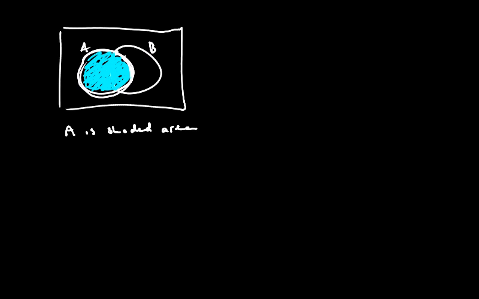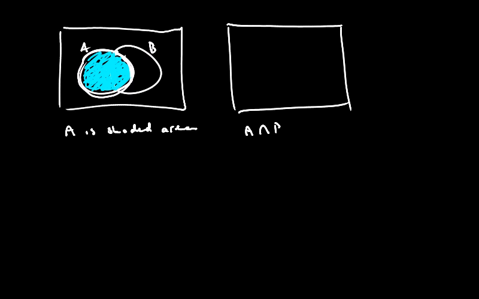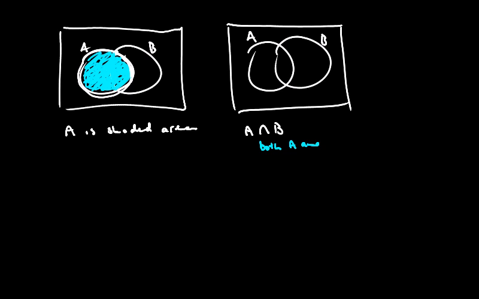Now let's look at, what if I wanted to shade A intersect B? So here's my two sets. Well, A intersect B, remember, this translates as both A and B. If I shaded these numbers over here, these are in only set A, these are in only set B, so my only possible solution is going to be these right here in the middle, this little football.